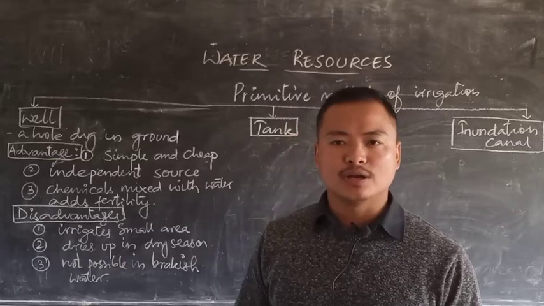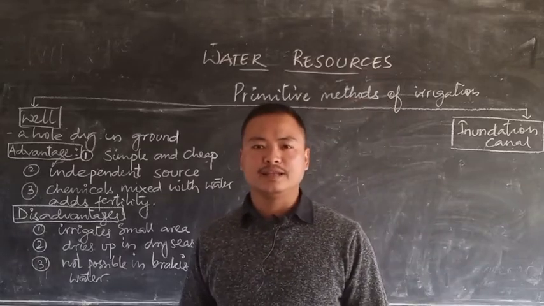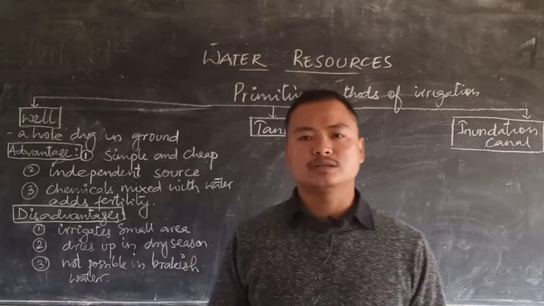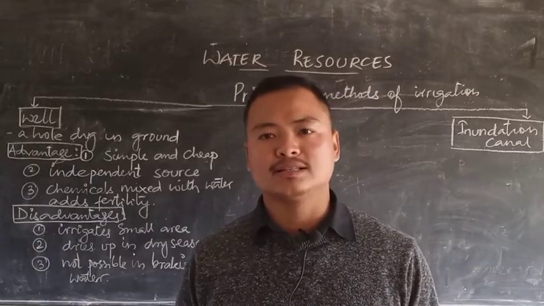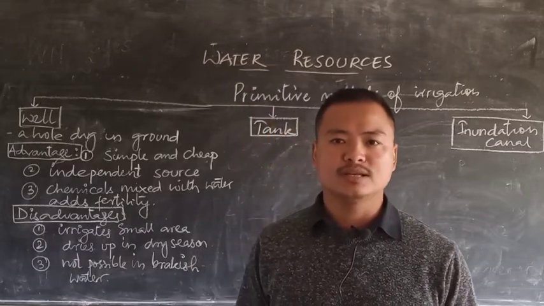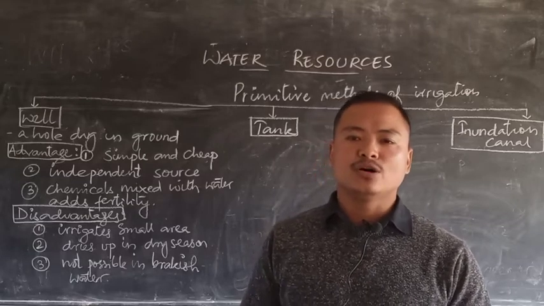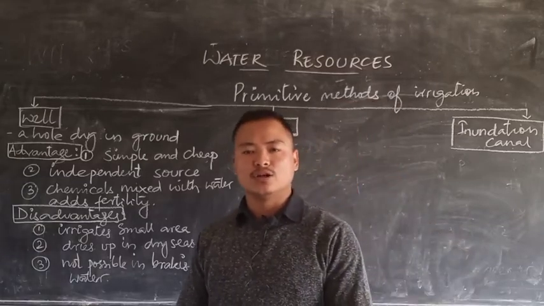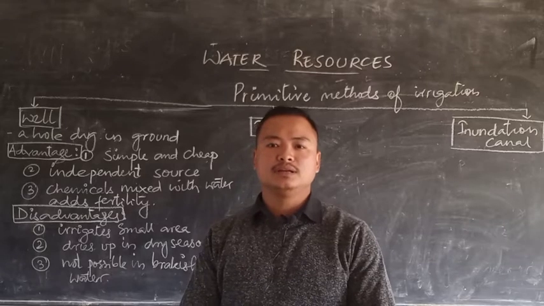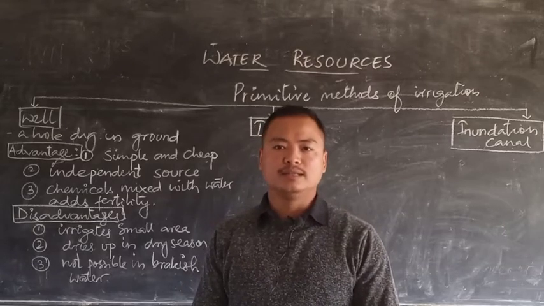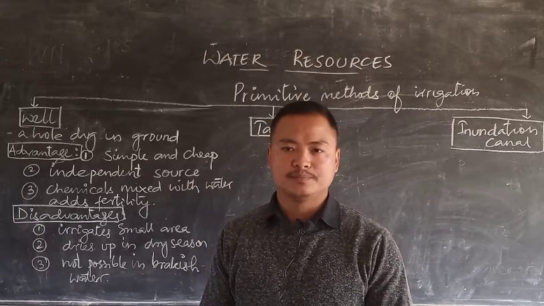Because of the soft soil, the digging becomes very easy, and also the water table, or the level of underground water, is high because of the presence of numerous rivers. Hence, the northern plains of India are very predominant in the practice of well irrigation.